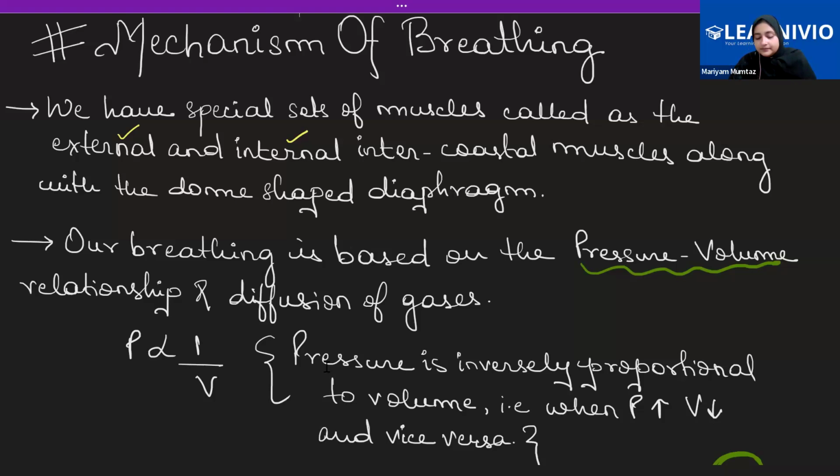And then there's the epiglottis, and then the larynx, and then there's the trachea, and then there are the two lungs in which alveoli are present, and there is a bronchus, and then there is a diaphragm.